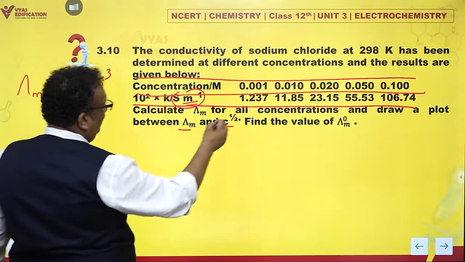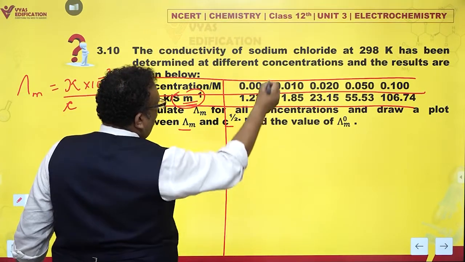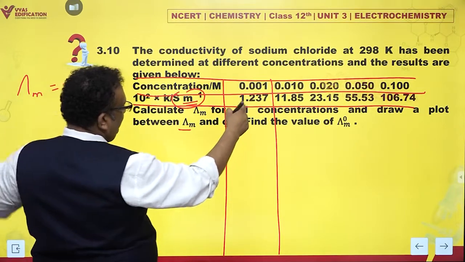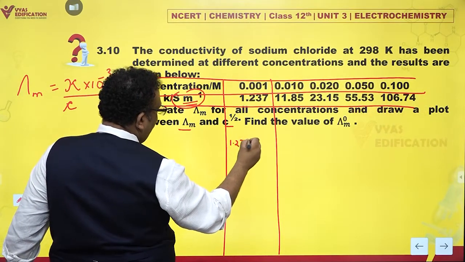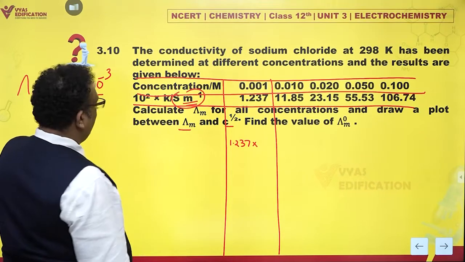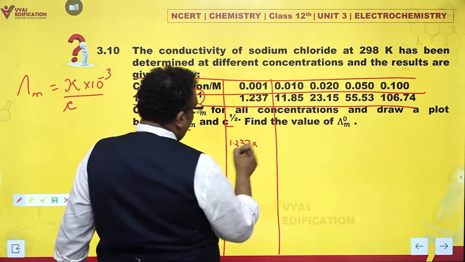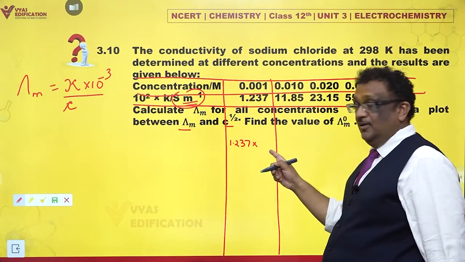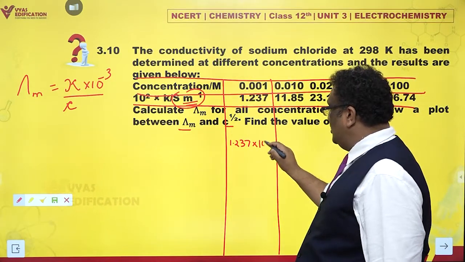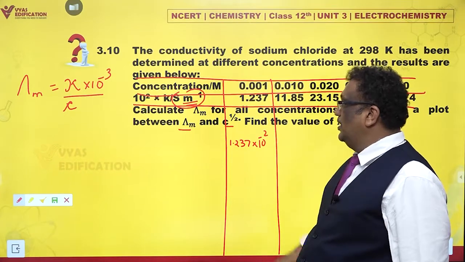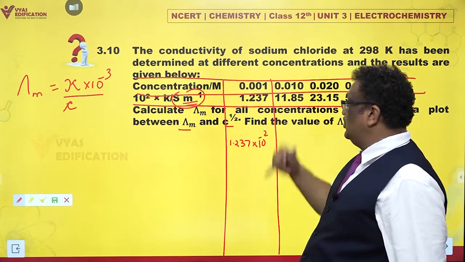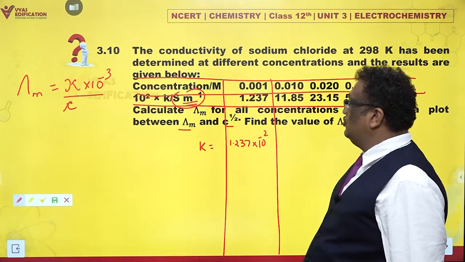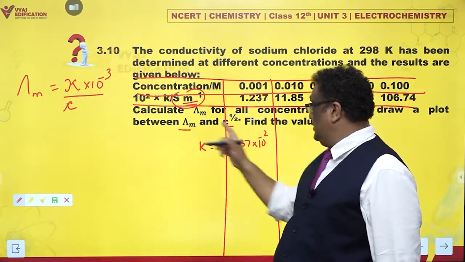So lambda m for the first case, how much would be lambda m? Lambda m is kappa, which is 1.237 into 10 raised to minus 3. Now, this is 100 kappa. So kappa actually is this much into 10 raised to minus 2. 100 times kappa is 1.237, so kappa itself would be equal to 1.237 into 10 raised to minus 2.